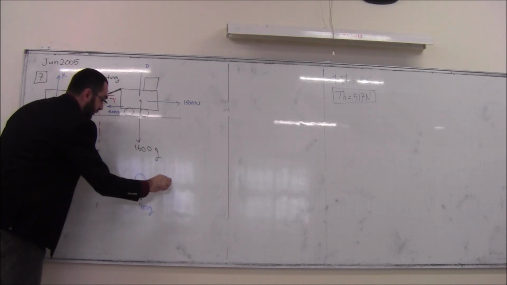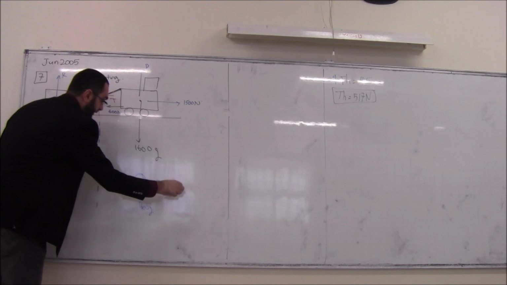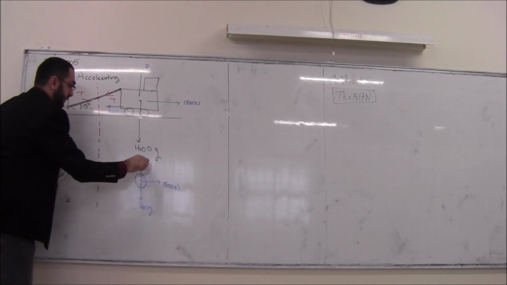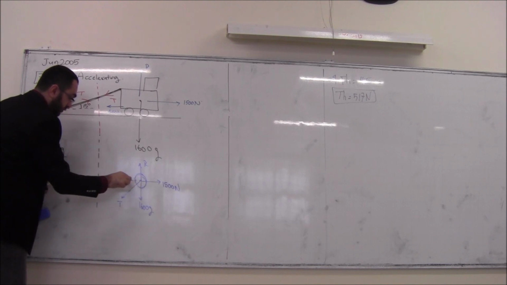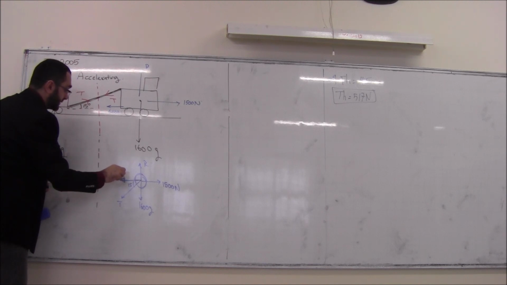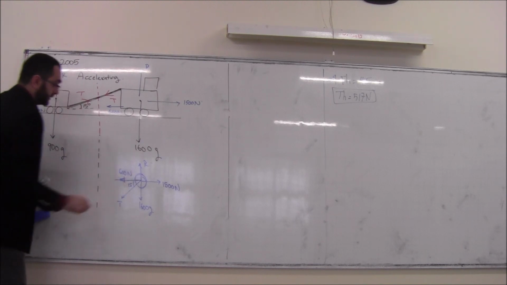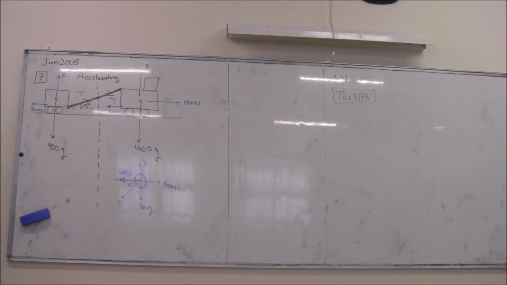Here we have 1,500 newtons, normal, and tension in this direction at an angle of 15 degrees. Also we have friction, which is 600 newtons.